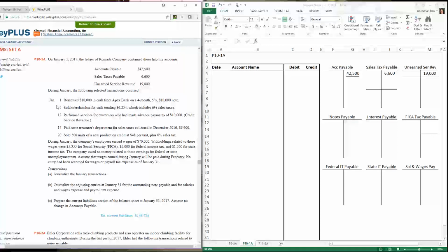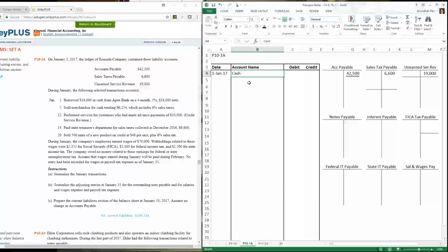So let's start with the first transaction on Jan 1st. I borrowed $18,000 cash from Apex Bank on a 4-month 5% note. So my first transaction, I'm going to write the date. I borrowed money, so debit cash. I have to repay this money.